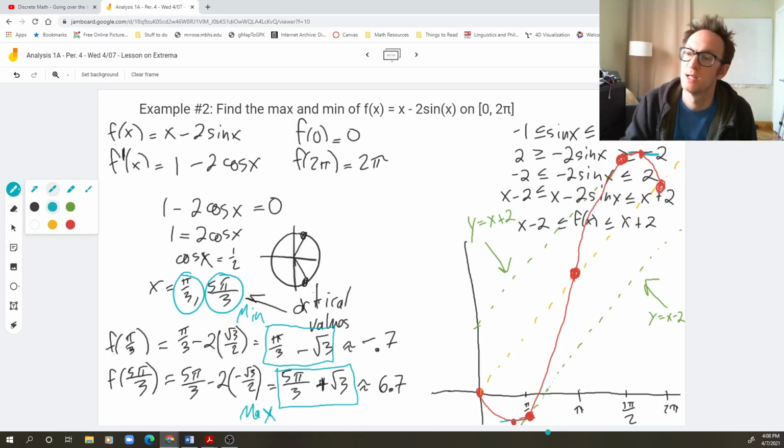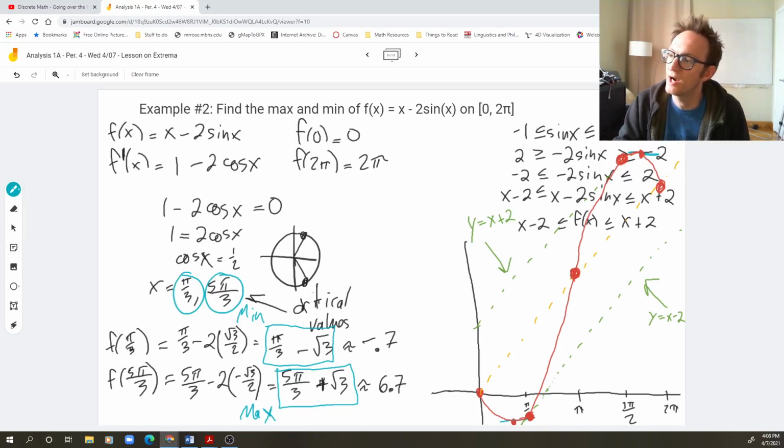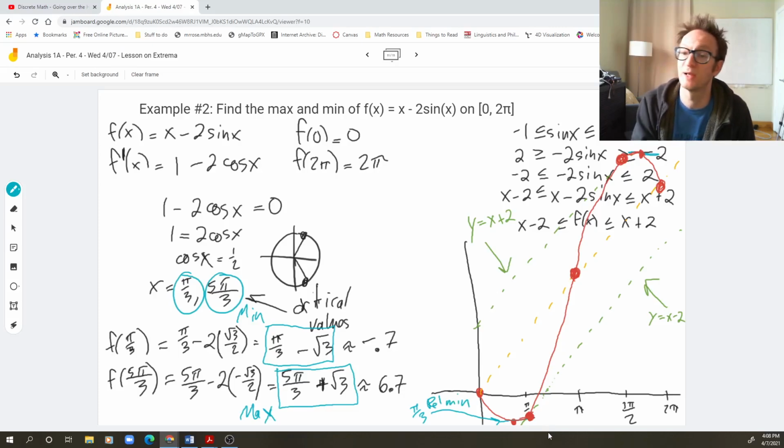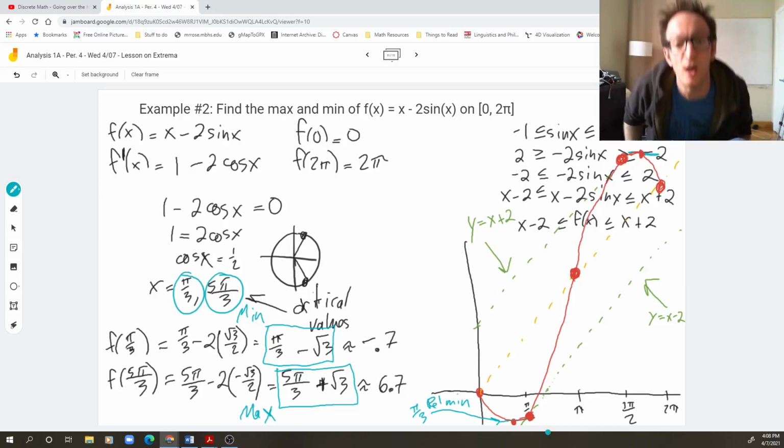And so here at 5 pi over 3 is going to be a relative max. And here at pi over 3, there is going to be a relative minimum. So here we're starting to see the power of calculus to tell us every possible thing we would want to know about a function.